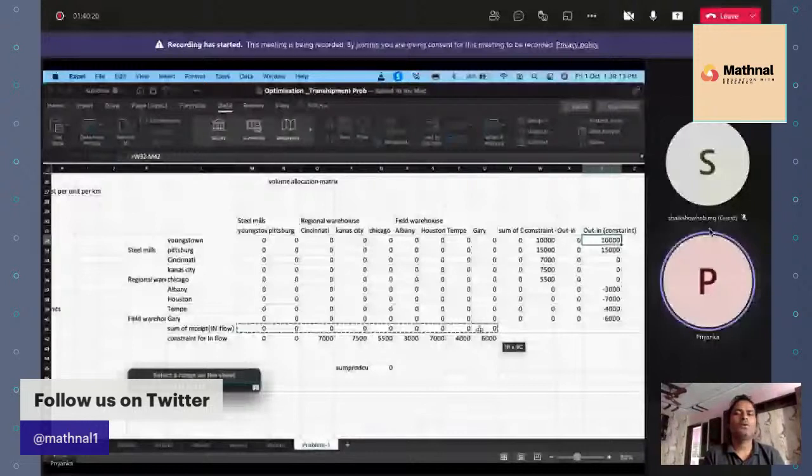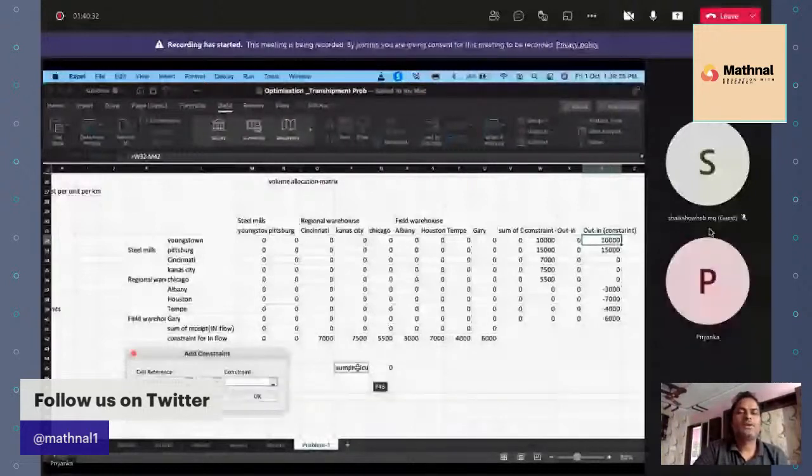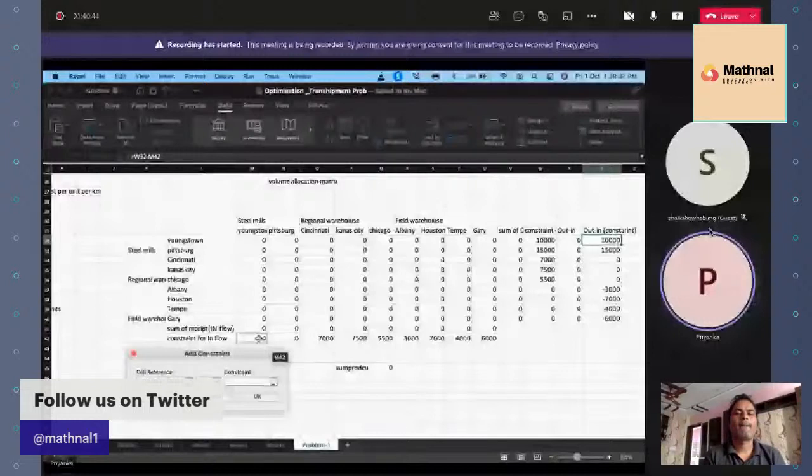No. Constraint for inflow. Where is constraint for inflow? Where is outflow? Yeah, select it. Add. The same thing.